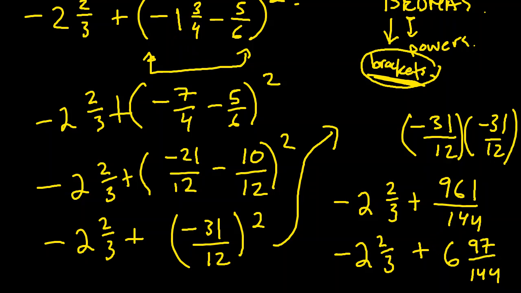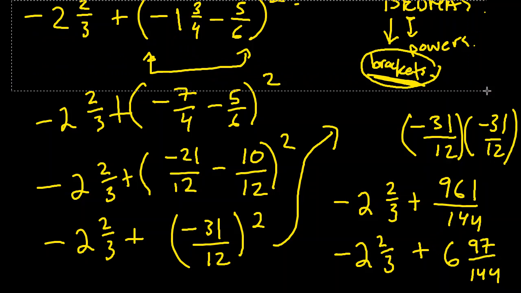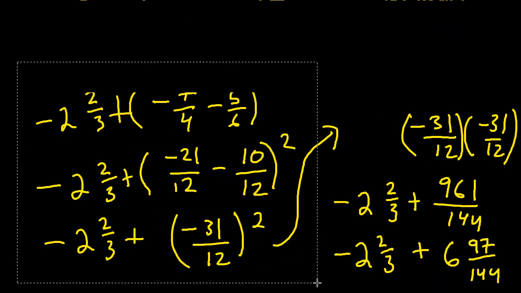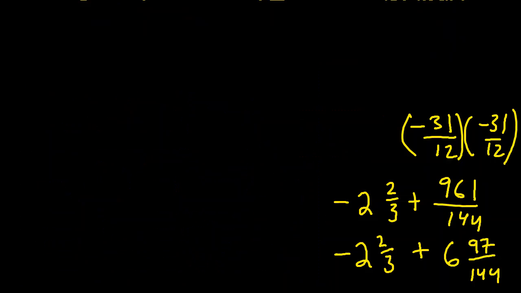So let's try to do that. Let me just clear the board here to make some space. So we have negative 2 and 2 over 3 plus 6 and 97 over 144.